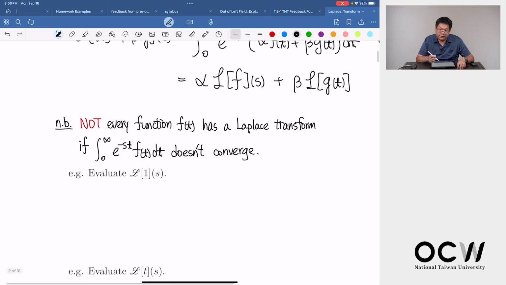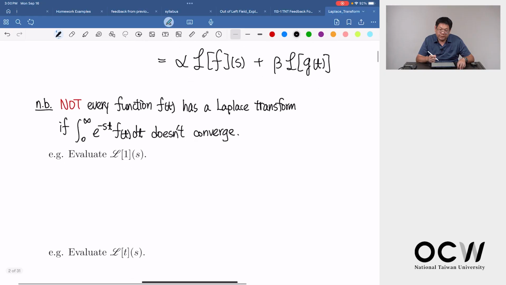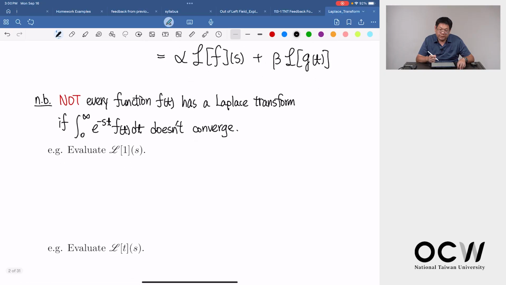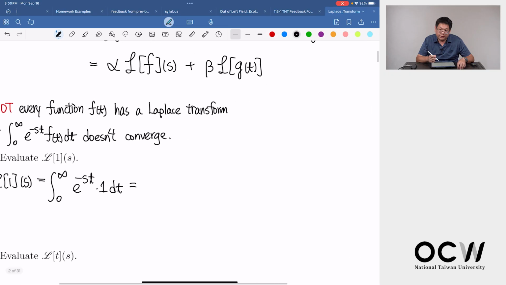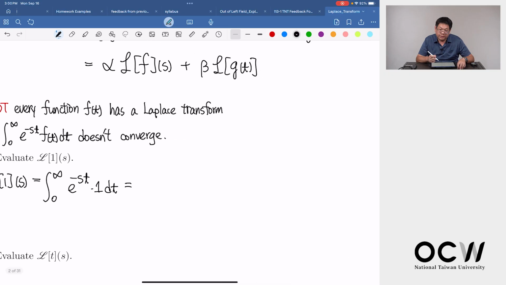Let's just do this example. What is the Laplace transform of 1, a constant number? The Laplace transform of 1 is the integral of e to the minus st times 1 dt. Okay, so improper integral: let's have integration from 0 to b of e to the minus st dt, and b goes to infinity.